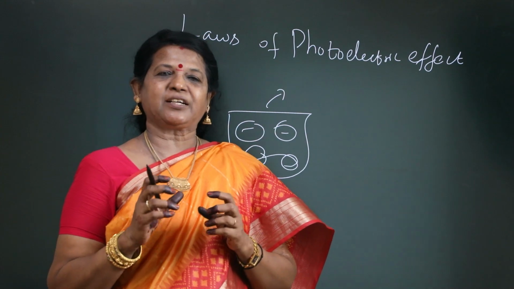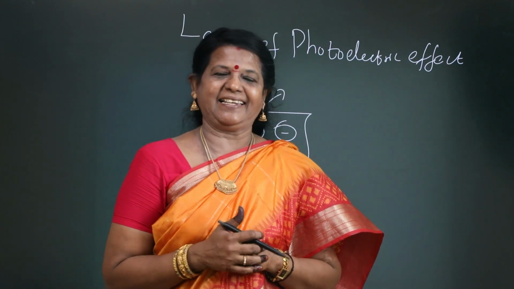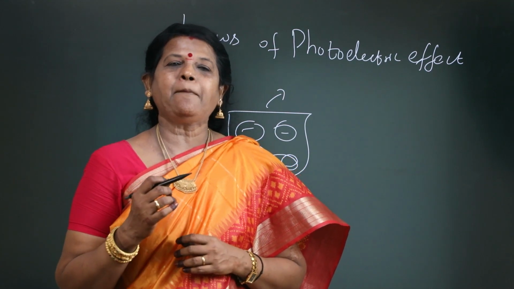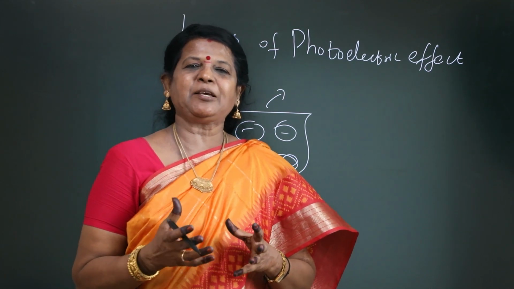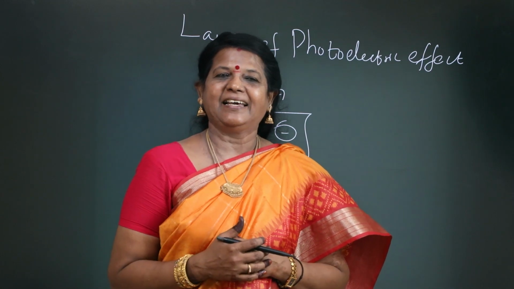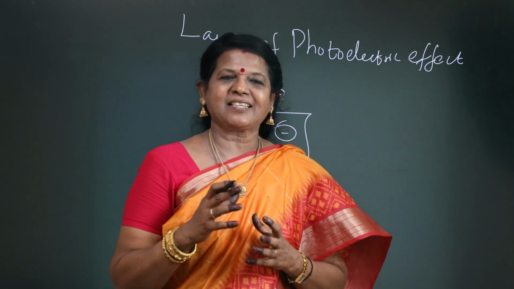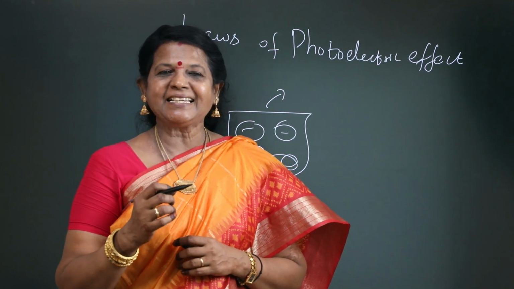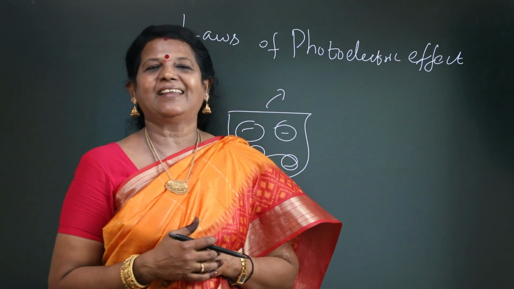Then in the second case, for a given frequency of incident light that is above the threshold value, the number of photoelectrons emitted is directly proportional to the intensity of the incident light. That means the saturation current is also directly proportional to the incident intensity of the light.